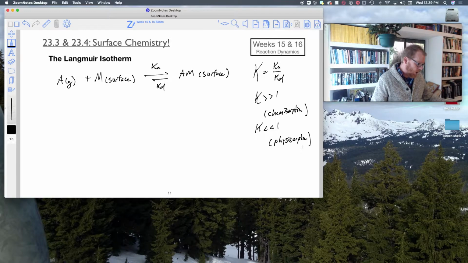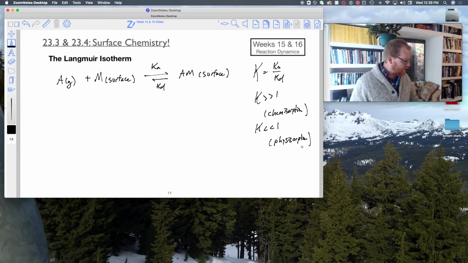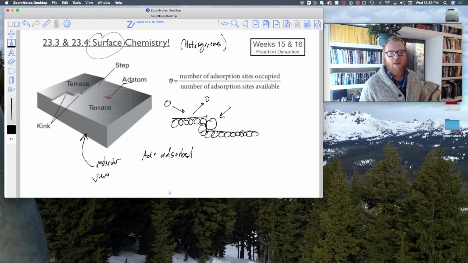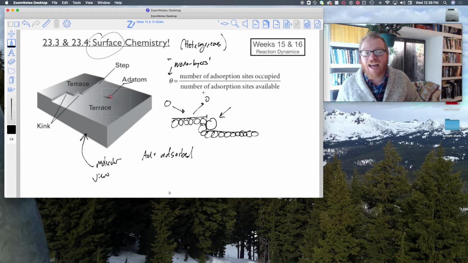Okay. So what I want to show here, I wanted to get into this mechanism, but because we're nearing the end of the semester and I'm running out of steam, I just want to show that if we talk about this theta that I think I forgot to mention before, this is our number of what we call monolayers or molecular layers.